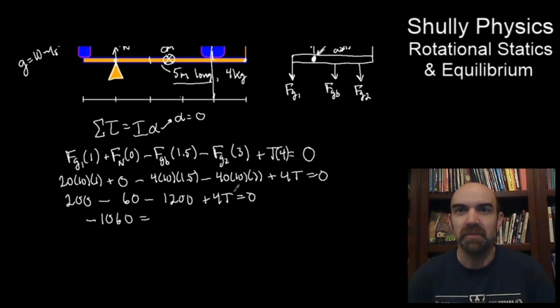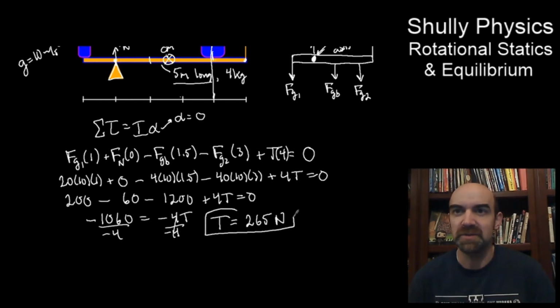And if I bring the 4T over the other side, we get a negative 4T over there. Dividing both sides by negative 4 is going to give us our result for the tension. All right, 4 goes into 1,060 265 times. So 265 Newtons is the force for the tension.